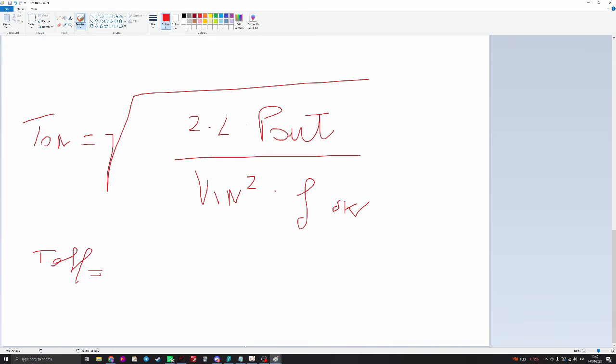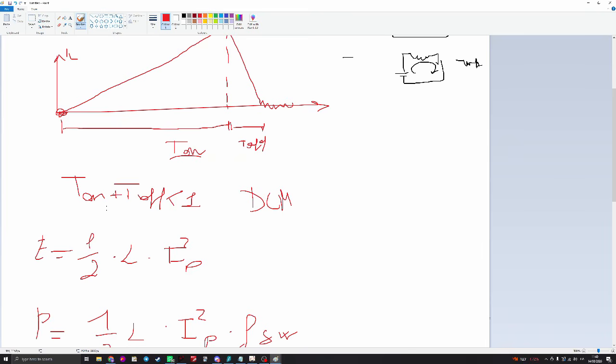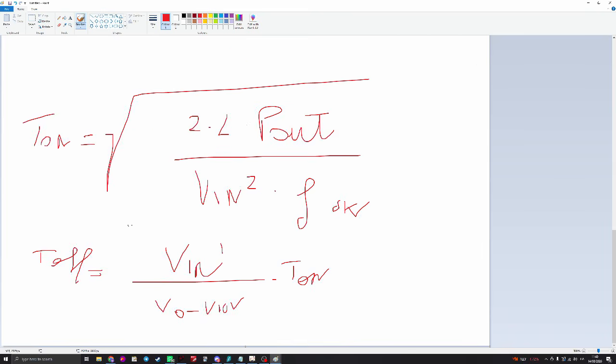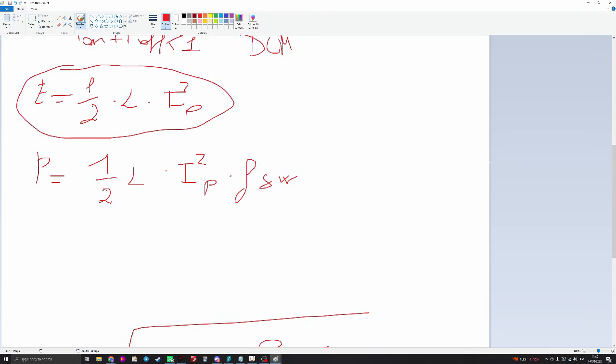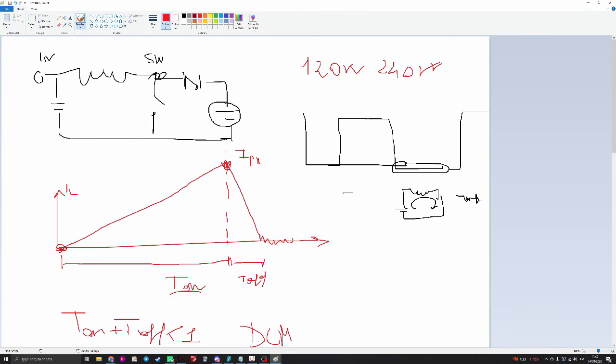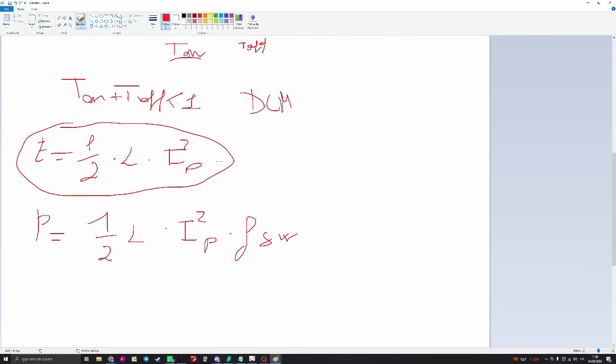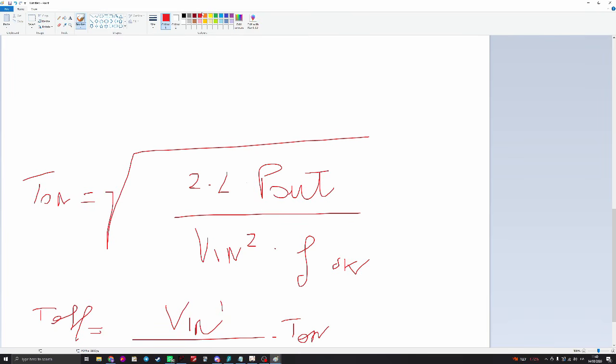So it's basically V in over V out minus V in times T on. And of course, this condition has to be true. From the T on, you can then calculate the peak of the inductor, and you can select the components. You can make a very fast design just by keeping everything constant except the L and the switching frequency.